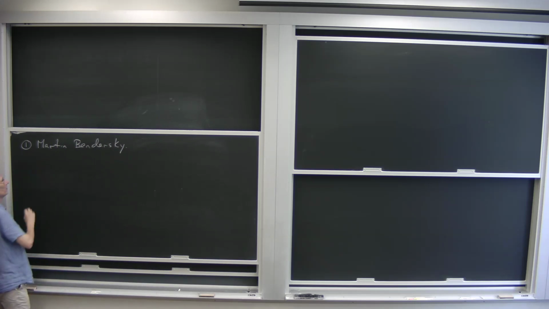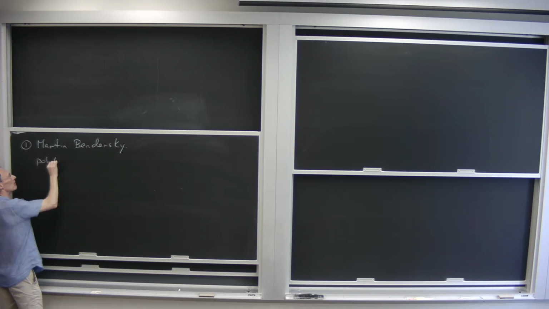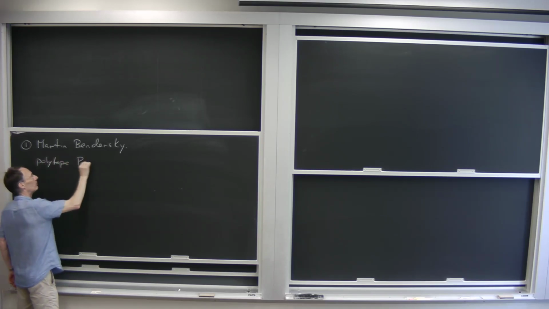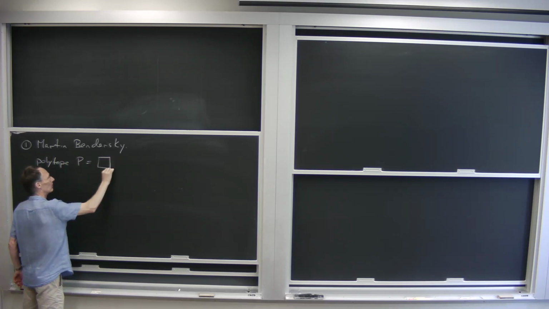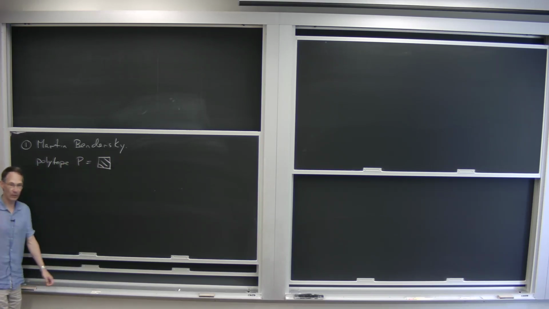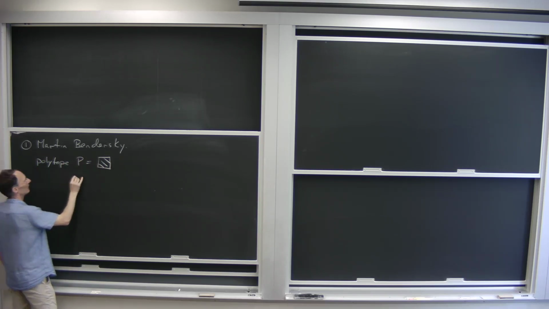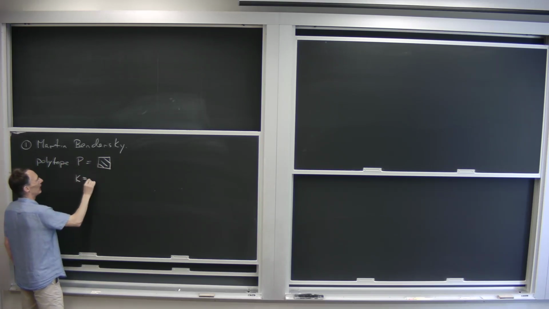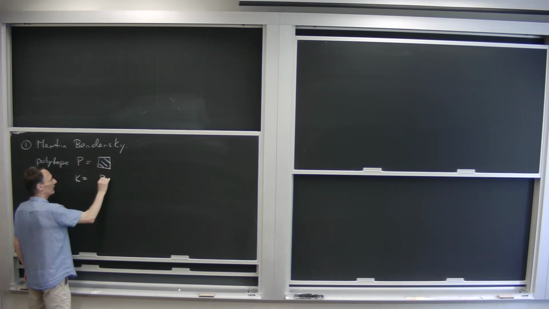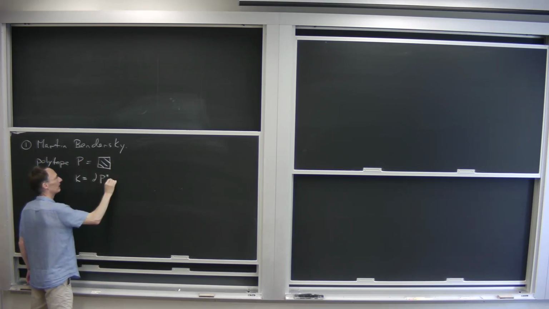If you look at the construction of moment angle manifolds, in a very particular case, you start with a polytope P, a square filled in, and then you let K be the dual of P and its boundary, which is the boundary of the square.